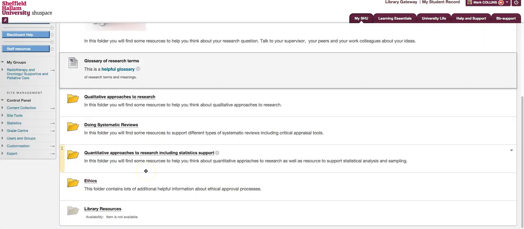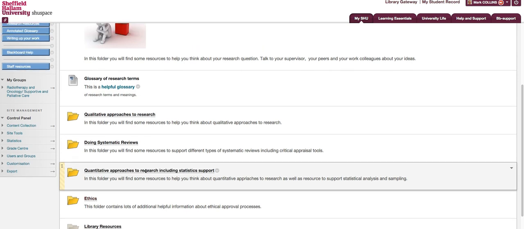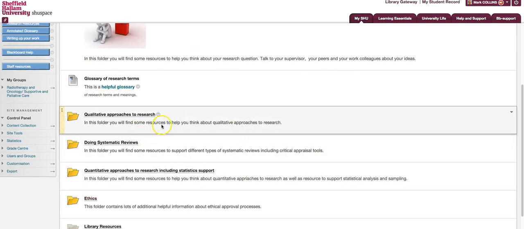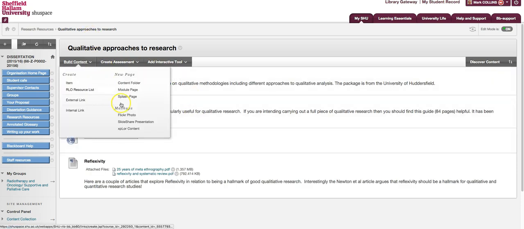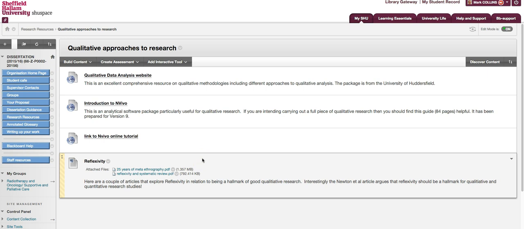So there's lots and lots of great information and resources in here about different types of research, different methods. So if we were to click on this one, you can see about analyzing qualitative information, about how to use in vivo, something about reflexivity there. So depending what category your research falls under, there's likely to be different resources within there that you'll find useful.